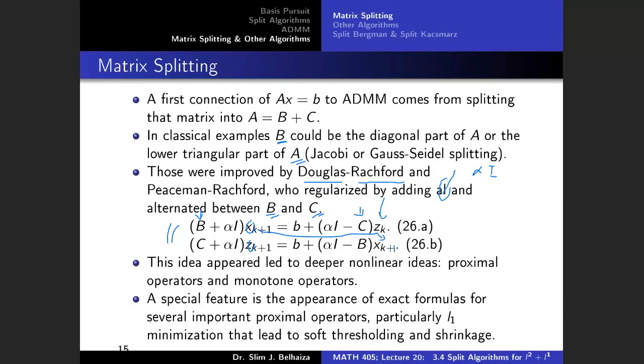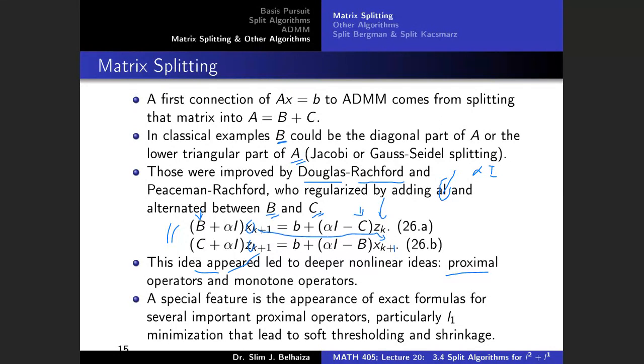In fact, this idea led to deeper nonlinear ideas, what we call proximal operators and monotone operators. So we have another version of the ADMM, which we call the proximal. A special feature here is the appearance of exact formulas for several important proximal operators.